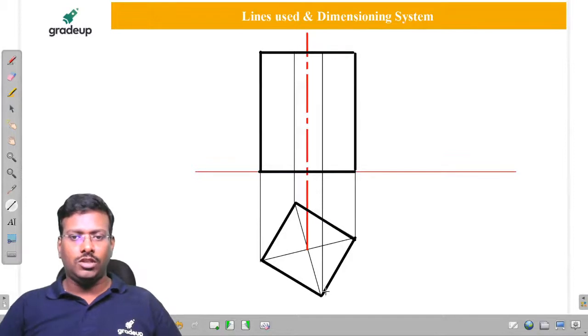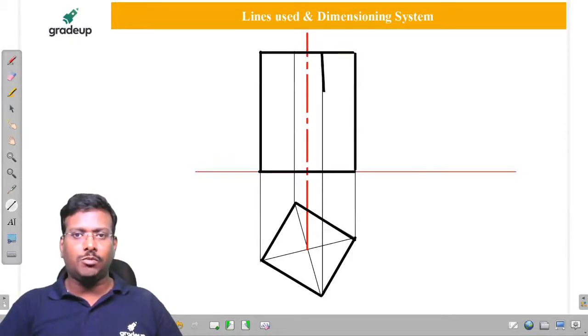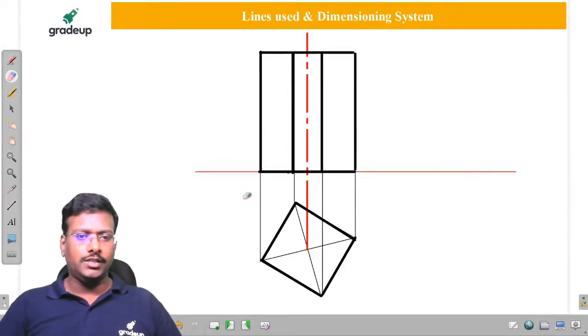But if you observe, this edge is visible to me. That's why the visible edge is this. But this edge is not visible. It is a hidden edge.